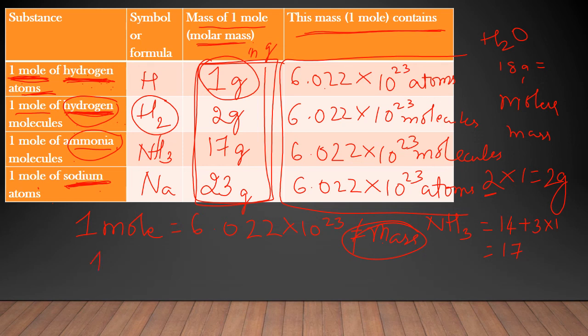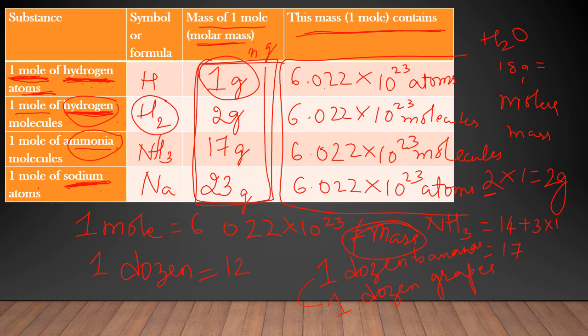It is similar to this example I'm giving now. If I say 1 dozen, we know it is 12. But the mass may not be the same. It depends on what we have. If I have 1 dozen bananas, the mass will be different compared to 1 dozen grapes.